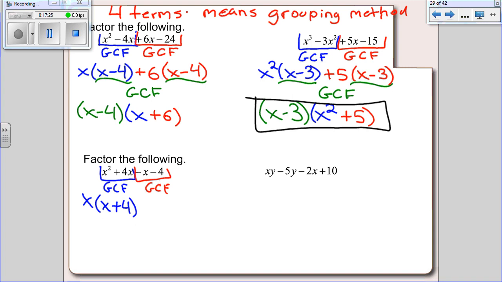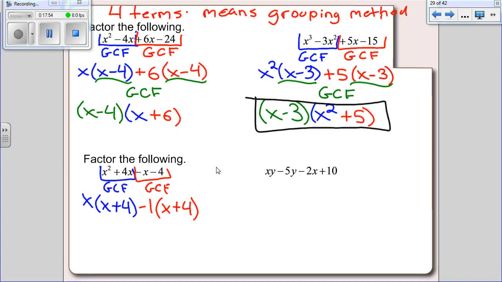If I divide negative x by negative 1, I'm left with just a positive x. If I divide negative 4 by negative 1, it changes to a positive 4. So sometimes you're not looking for a number that can go into it, but maybe a negative sign that could go into both things.